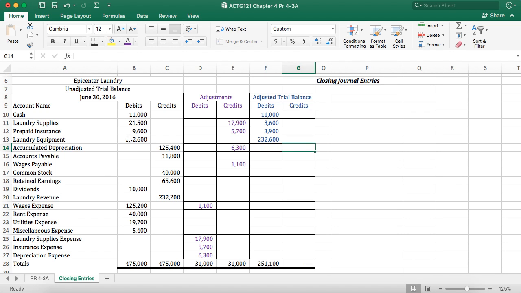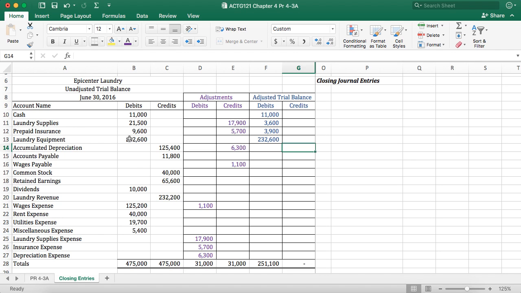So if it's a debit balance and the adjustment is a debit, the result will be a debit. We add those two together. If the number is a credit and the adjustment is a credit, you add those two together. So debits plus debits equal debits, credits plus credits equals credits. If the number is a debit and the adjustment is a credit, we need to reduce that number.